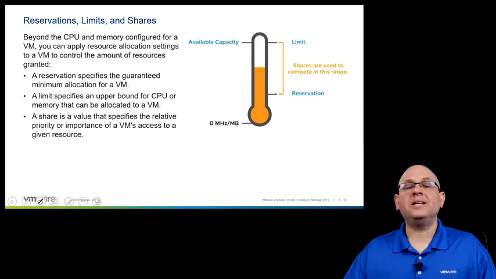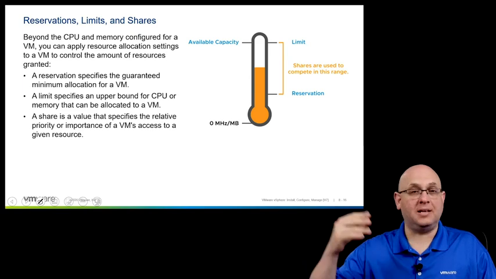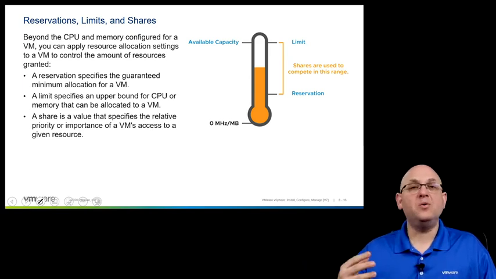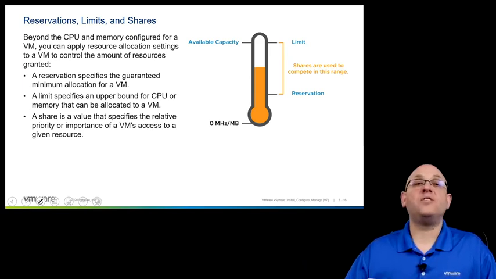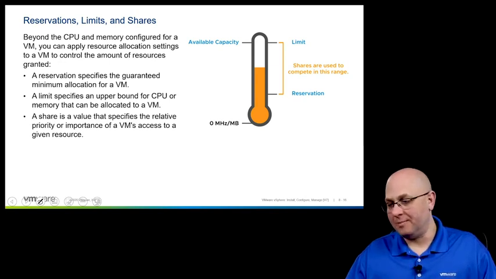And we can look at these three concepts by looking at the total capacity for CPU and memory of your individual virtual machines as we have allocated those resources to the VMs.